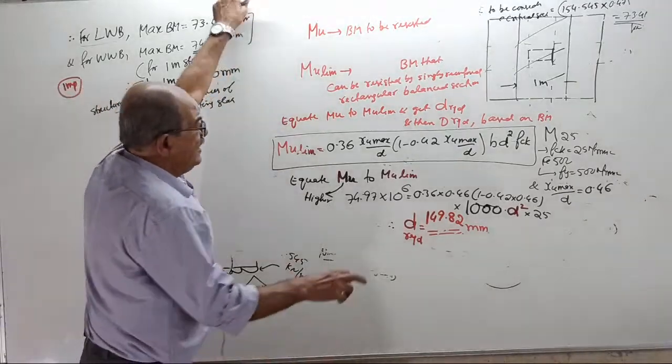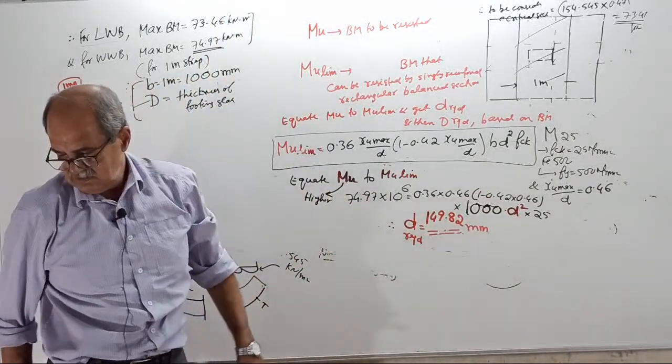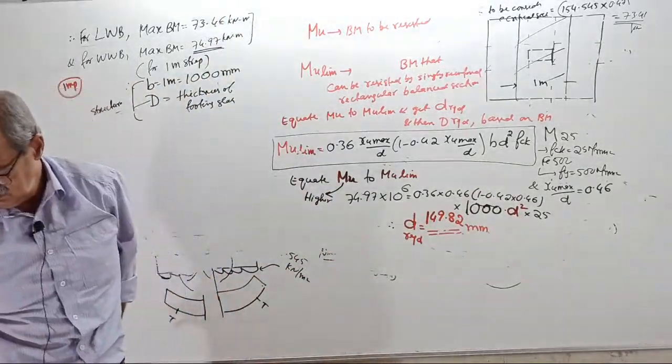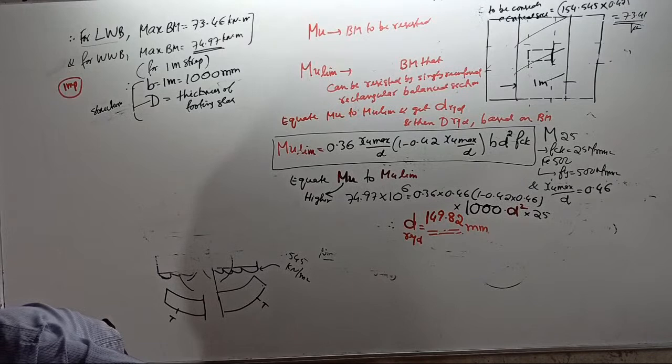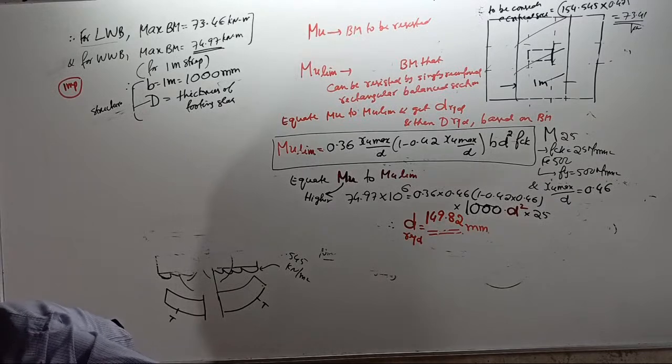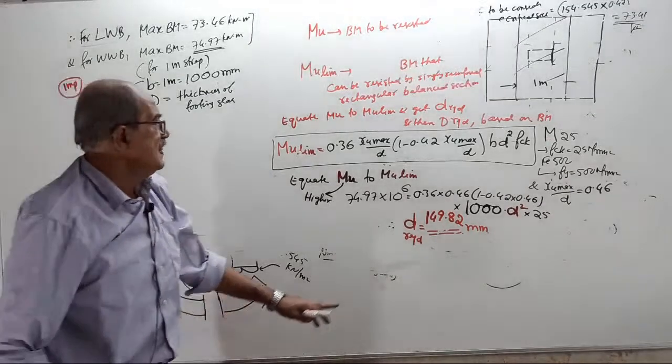You calculate, divide, d square will come, take the root. Just comment correct and I will go further. See, correct, okay. Now next step.